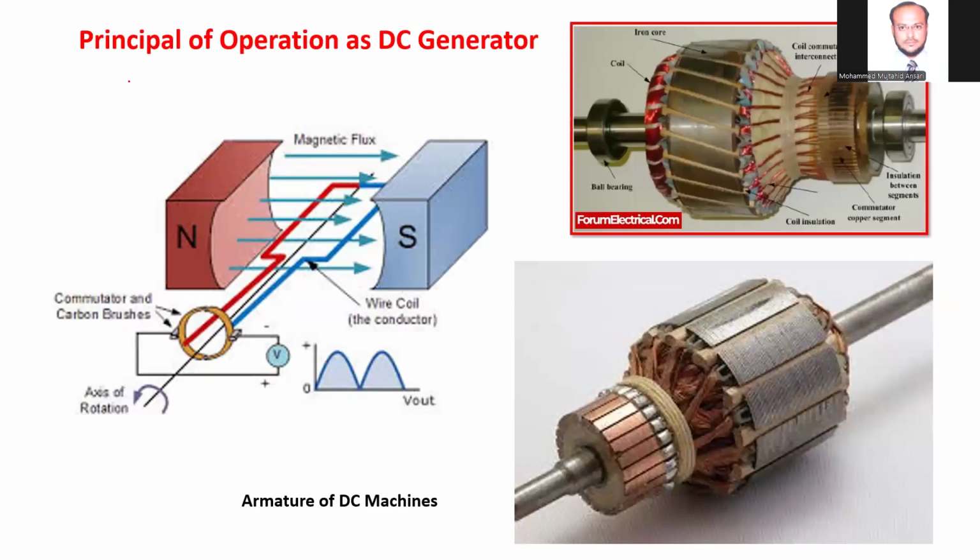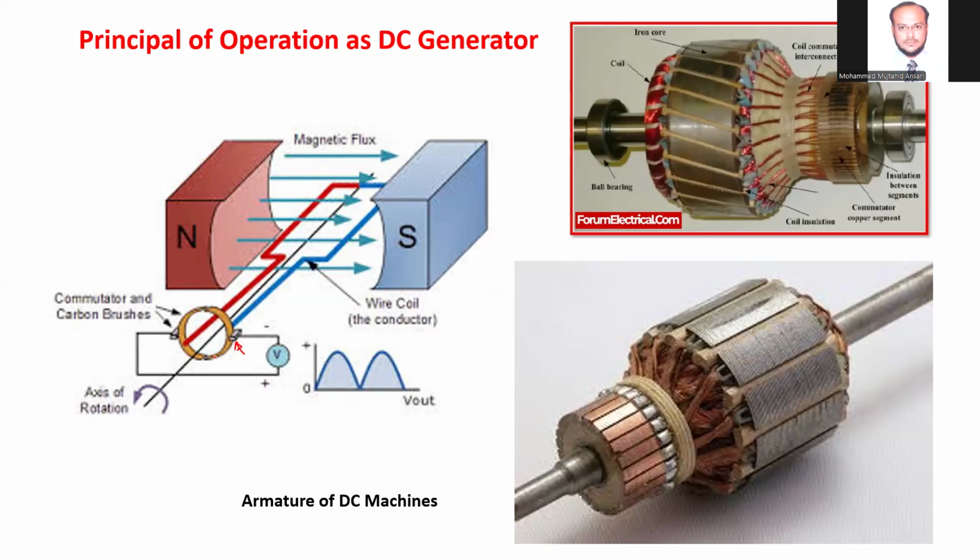Now see the principle of operation as a DC generator. Here the conductor or coil is moving under the influence of magnetic flux, whereas the brushes are placed over the commutator segments.